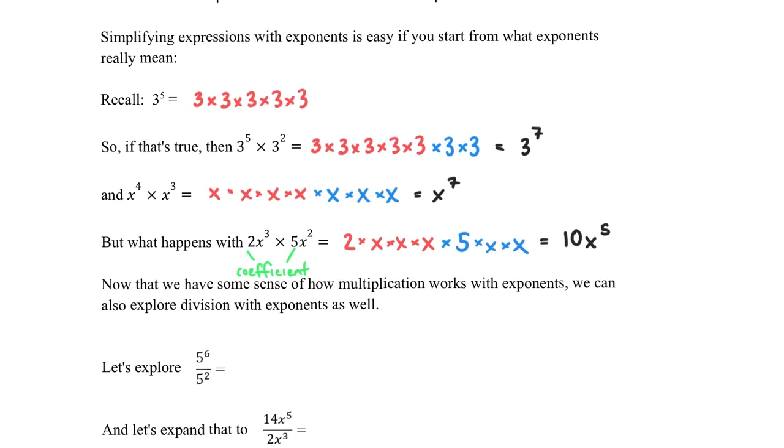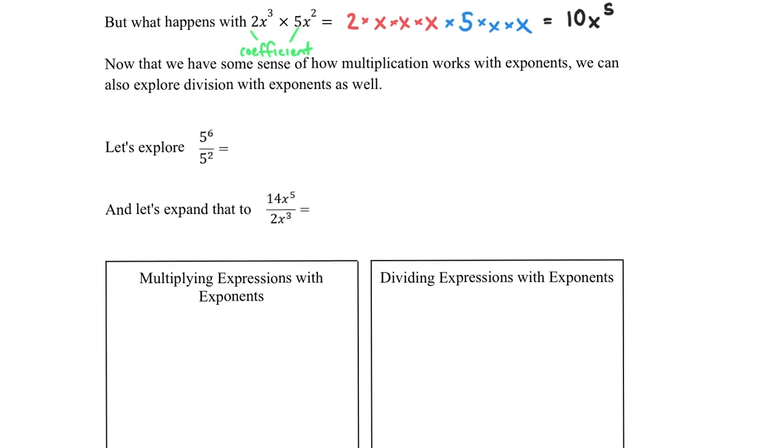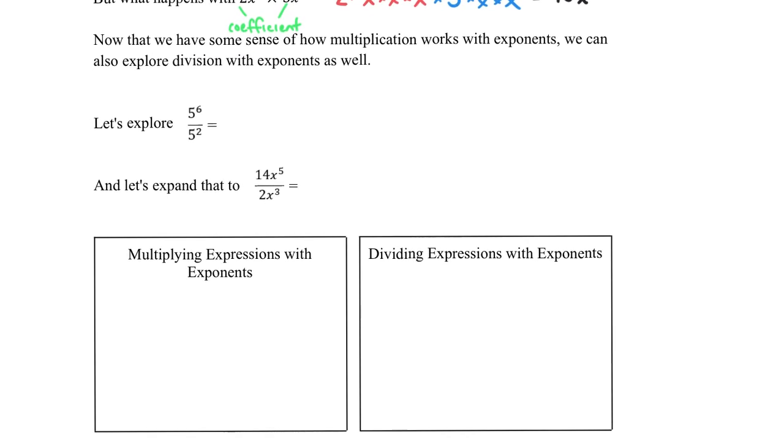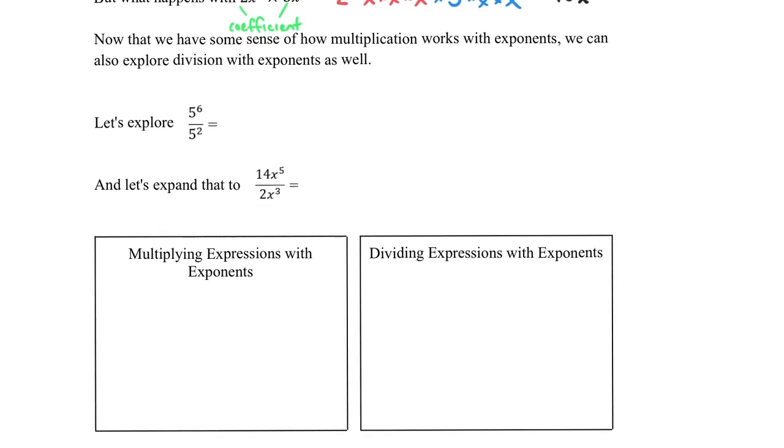So now that we have some sense of how multiplication works, let's examine division. Division is in this lesson because division is really just multiplication, sort of in another way. So 5 to the 6th is 5 times 5 times 5 times 5 times 5 times 5 over 5 squared, which is 5 times 5.